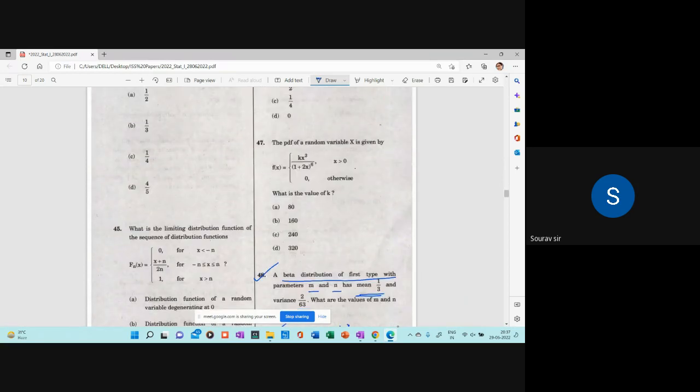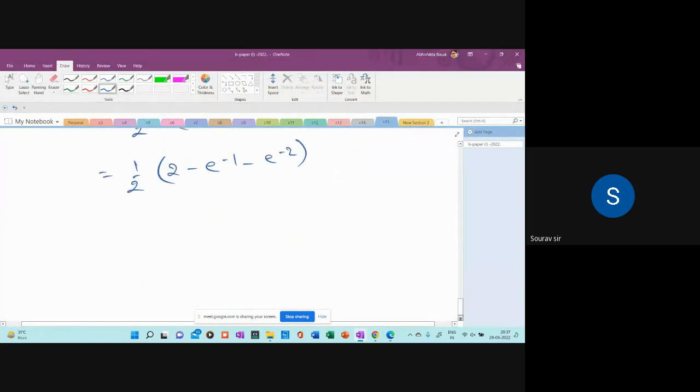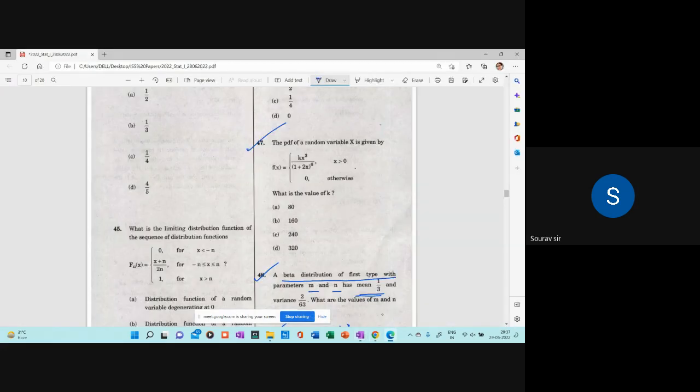So let's try out question number 47. For question number 47, they have given us a PDF of a random variable of this form and they have asked us to find the value of k. The PDF form is a little bit complicated, but we need to find the value of k.